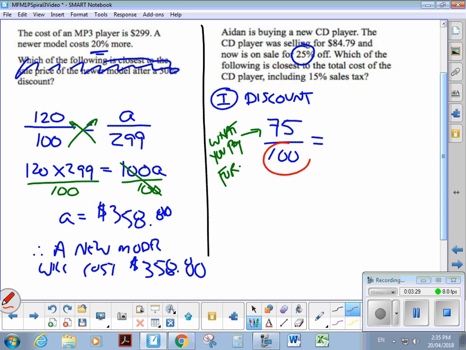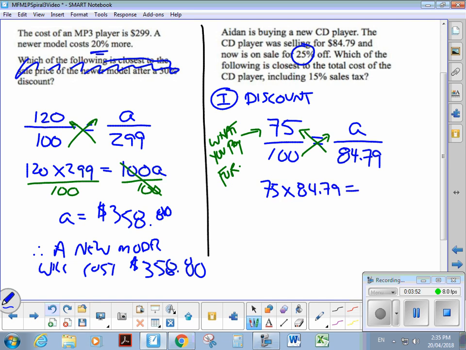100% of the cost originally was the $84.79. So on this side, you'll have $84.79. And we're solving for what the discounted price is. Doing our multiplier, cross multiply, 75 times 84.79 equals 100A.